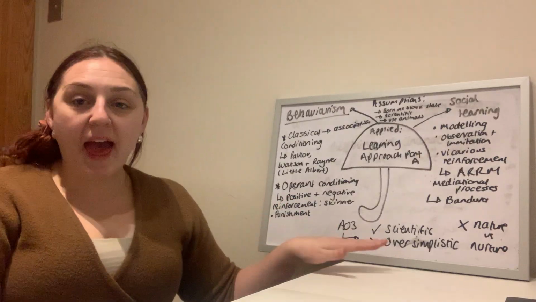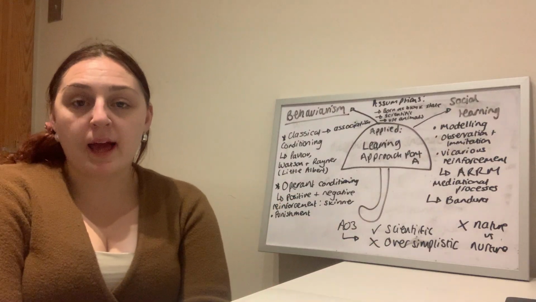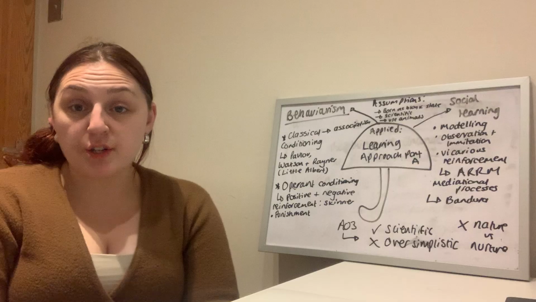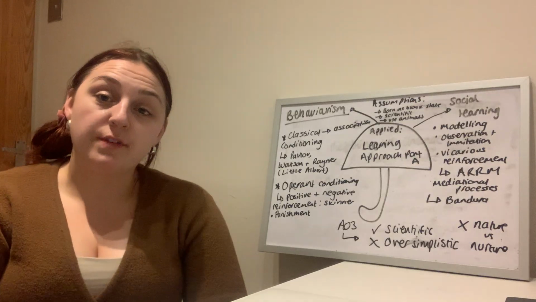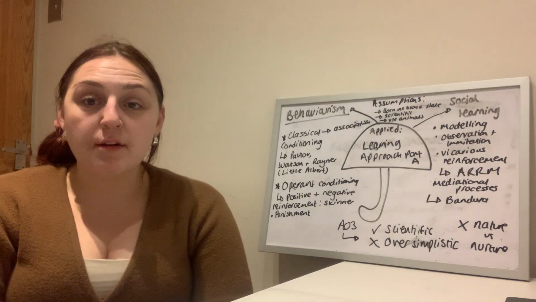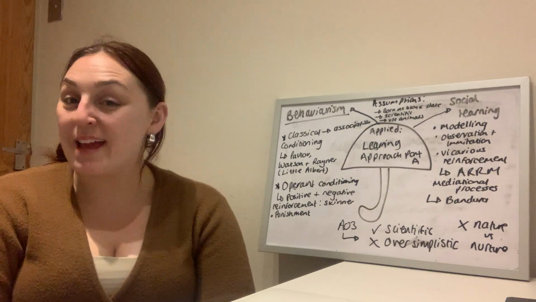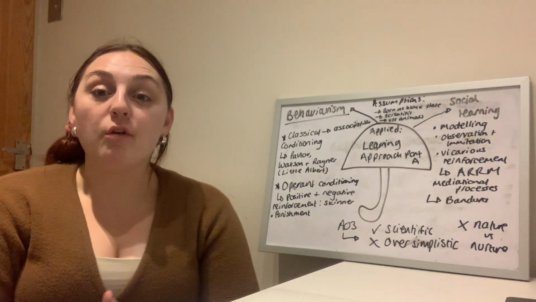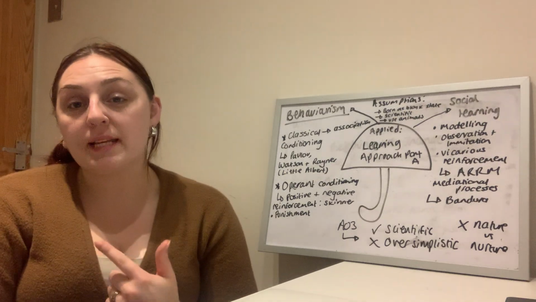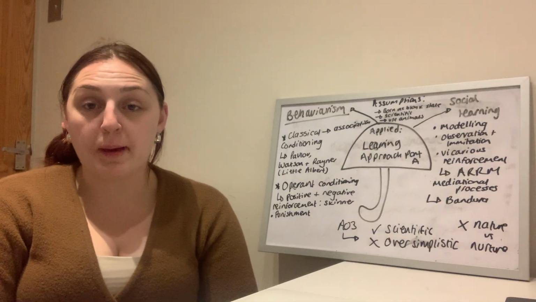So then we come on to the AO3 for learning approach part A. And this is where we've introduced these key concepts of AO3 for the first time. And throughout this series, I will keep coming back to the same 3 evaluation themes of scientific, oversimplistic, and nature versus nurture debate.